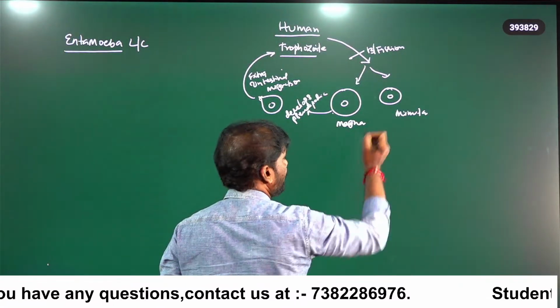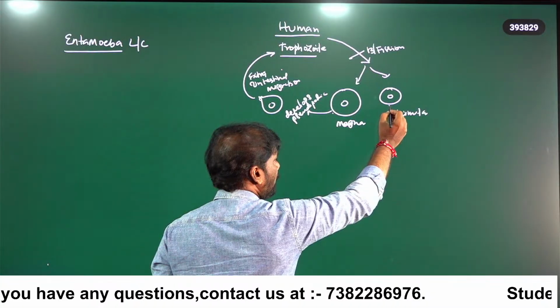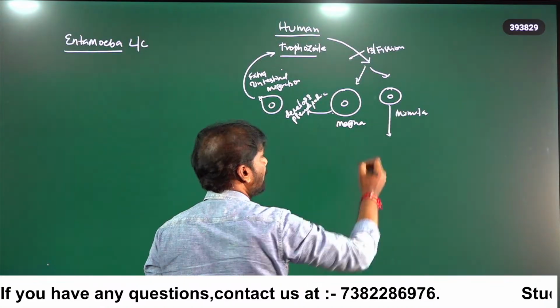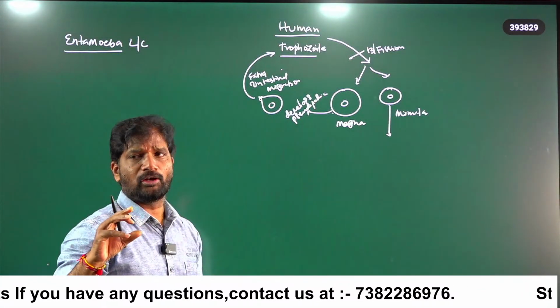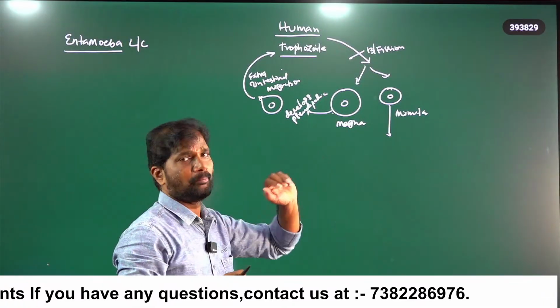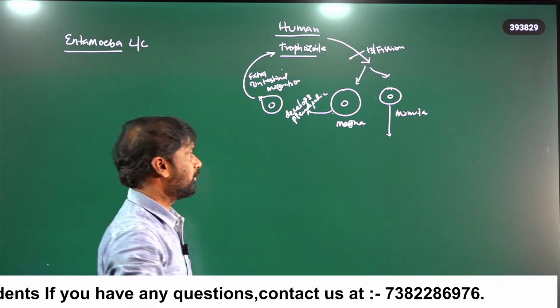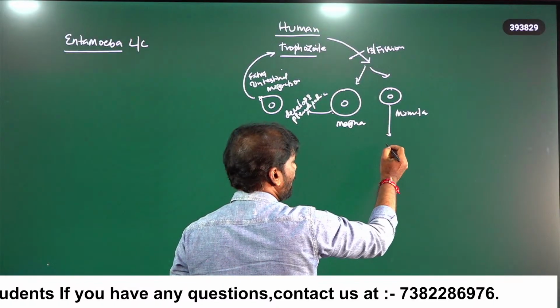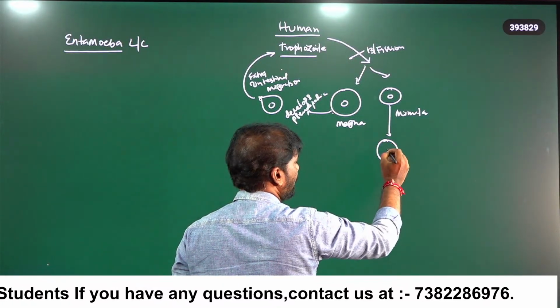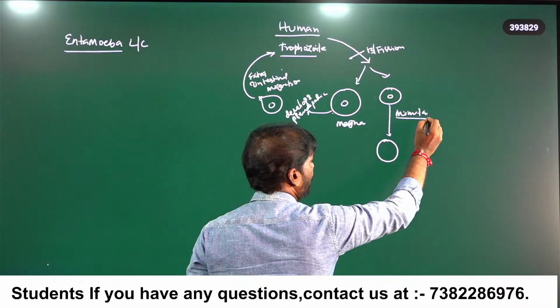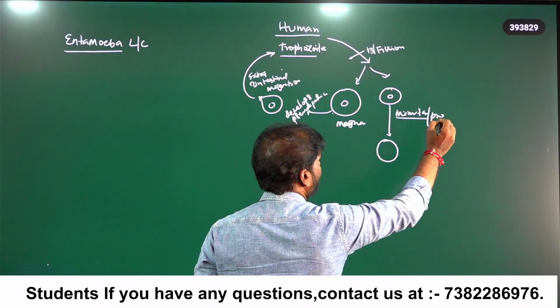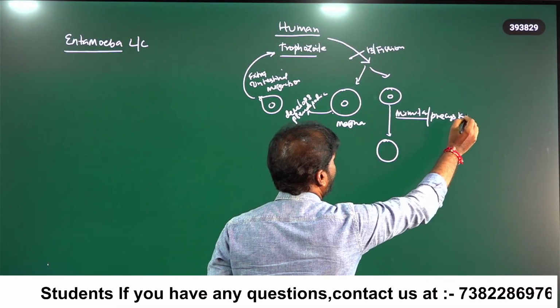Then here is the minuta form. This minuta form is also small in size compared with the magna form. In further stages, the minuta form is also known as the pre-cystic form.